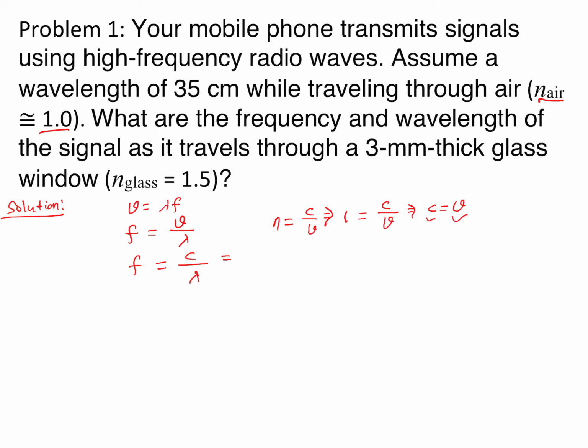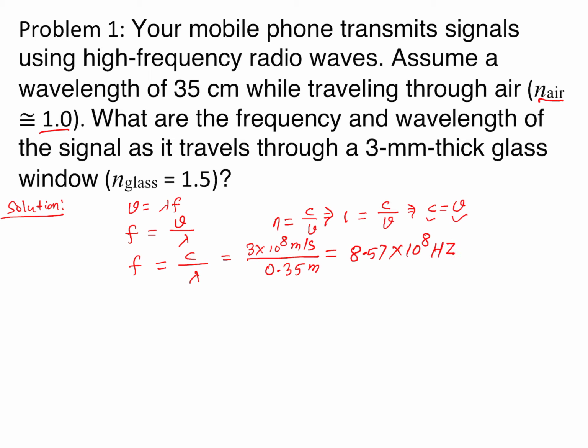The c is 3 times 10 to the power 8 meters per second, and lambda is 35 centimeters, which is equal to 0.35 meter. If you calculate this, you will get 8.57 times 10 to the power 8 hertz.